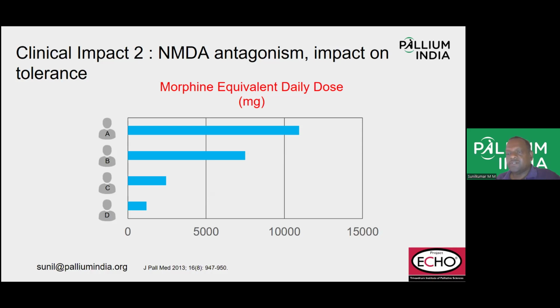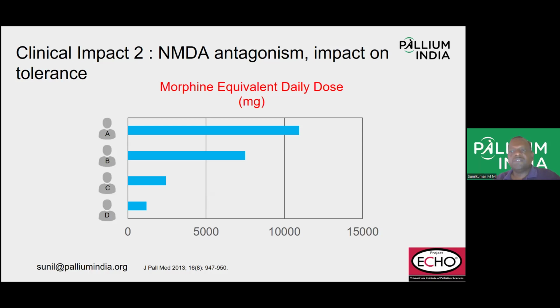Yes. So in other words, to get the same effect, you have to increase the dose of the medication. Suppose a patient had pain and you started him on 5 milligrams of morphine, but after some time this patient might require 10 milligrams, and it went on and finally they reached very high doses of morphine.